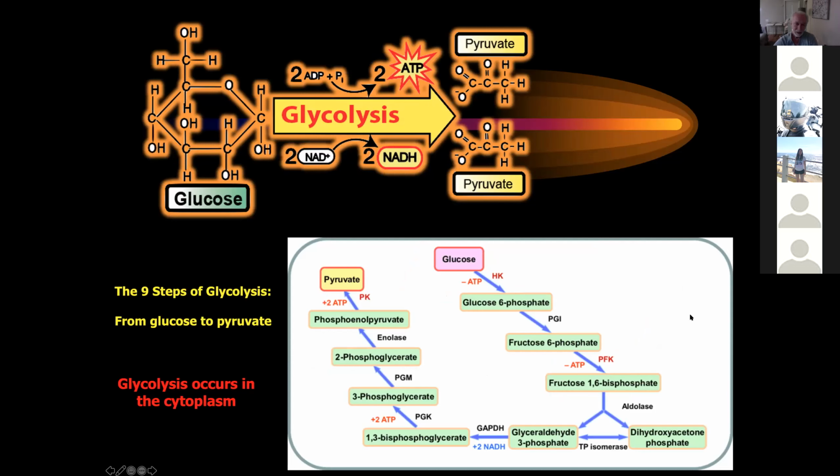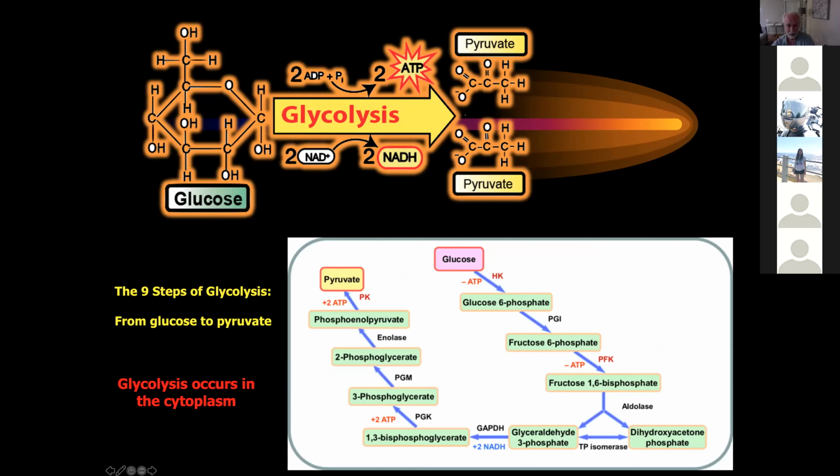And now let's go back to the cytoplasm and take a more detailed look at glycolysis. Glycolysis is usually represented as though it's a one-step process. You have a molecule of glucose, which has 6 carbons, and that is converted to 2 molecules of pyruvate, 3 carbons each.